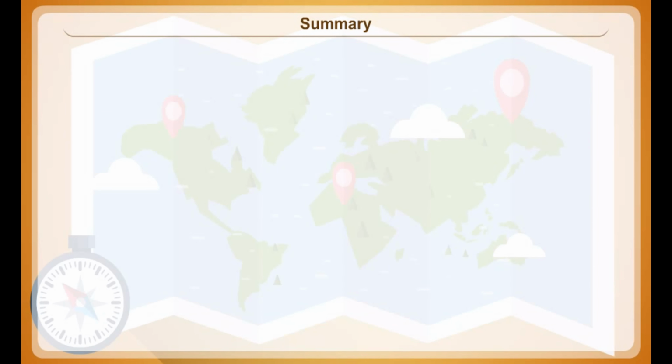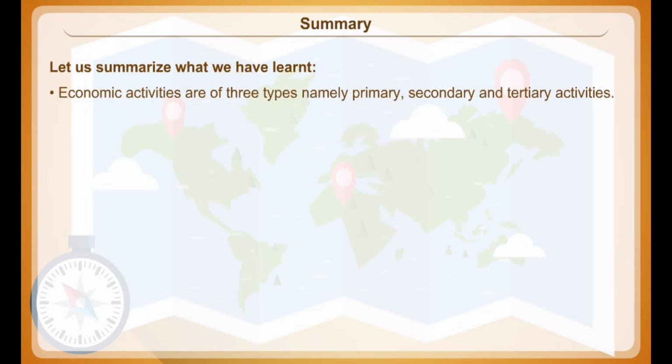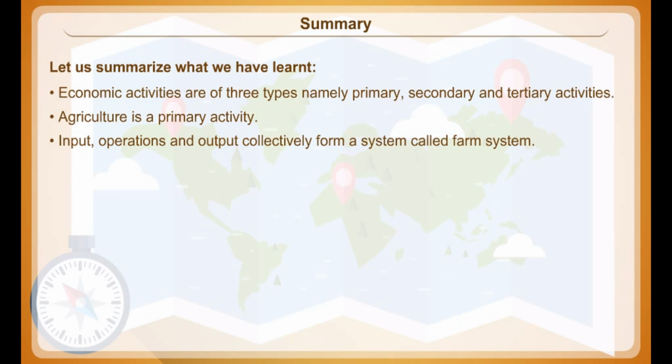Summary. Let us summarize what we have learned. Economic activities are of three types, namely primary, secondary and tertiary activities. Agriculture is a primary activity. Input, operations and output collectively form a system called farm system.